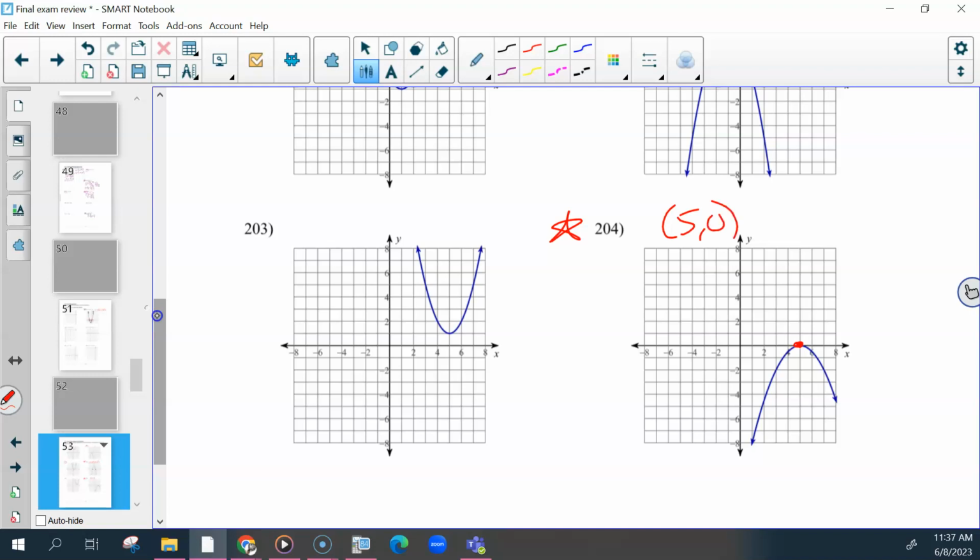These can have 2 solutions, 1, or none. And if it doesn't cross it at all, you just put none. Any others from this page? Go on to the next.